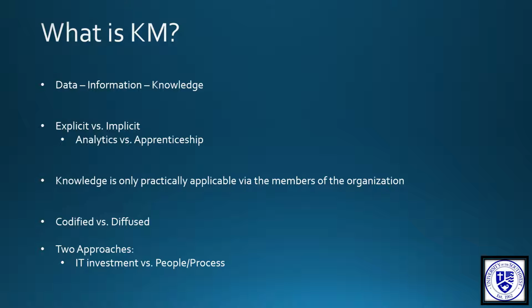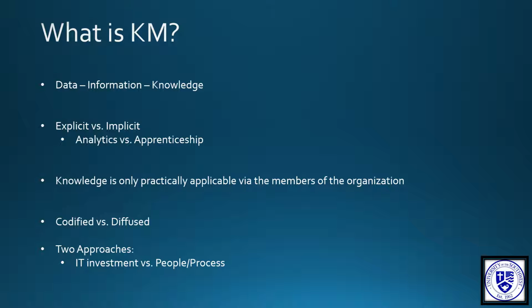We can look at either one or a combination of the two. We can invest in some type of technology infrastructure that helps us collect, store, analyze, retrieve, and use information.